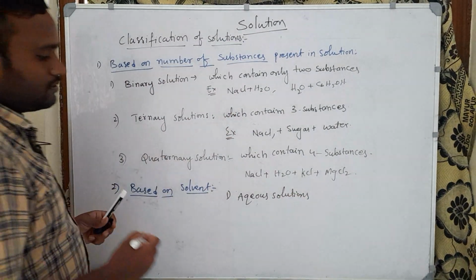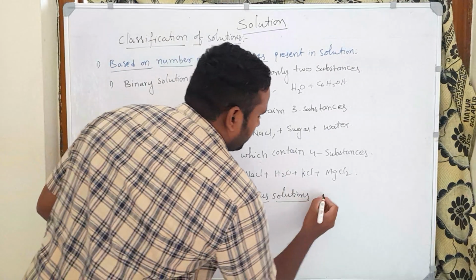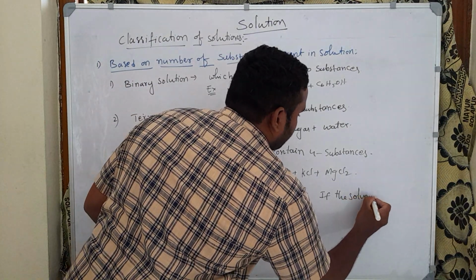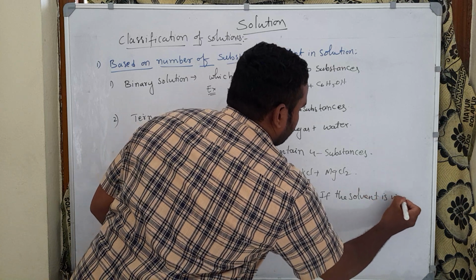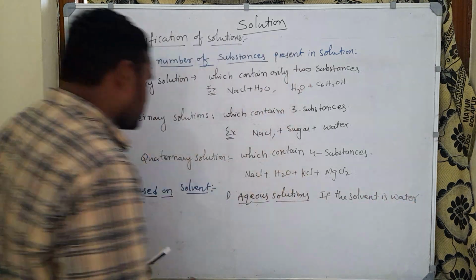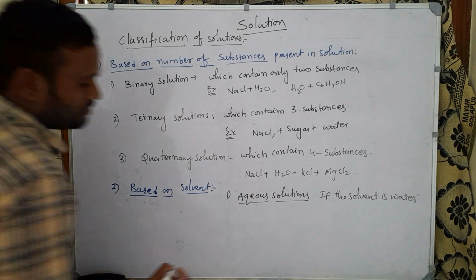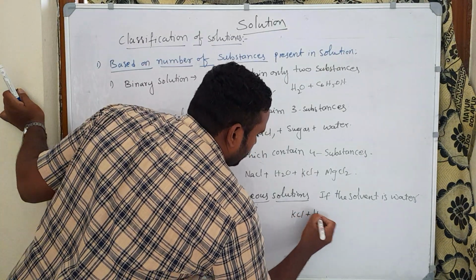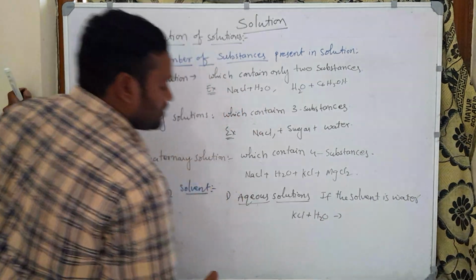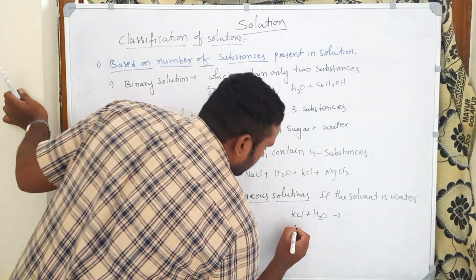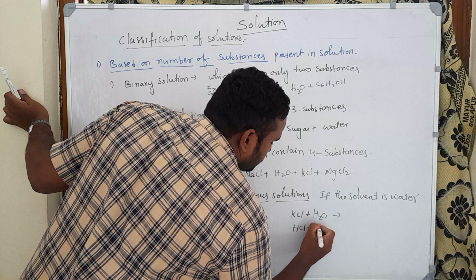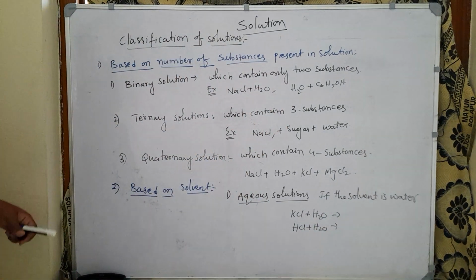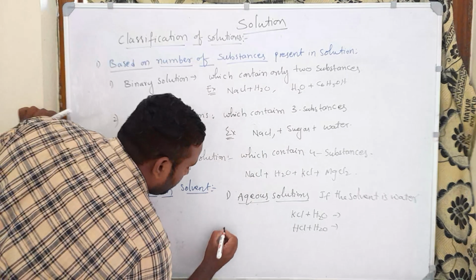Aqueous solutions means if the solvent is water, that is called aqueous solution. For example, KCl plus H2O, the aqueous potassium chloride, or HCl plus H2O, that is aqueous hydrochloric acid.